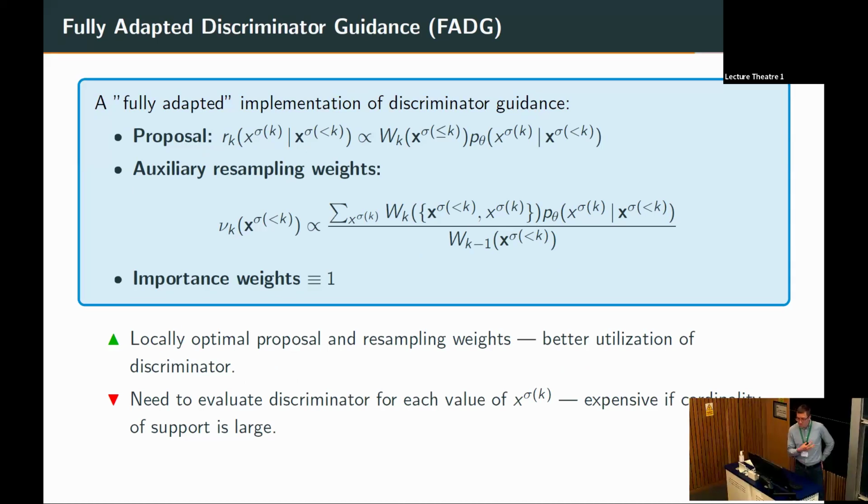We also have these auxiliary resampling weights that are the locally optimal ones, and we obtain importance weights that are equal to 1. So as I said, we get locally optimal proposals. We have a better utilization of the discriminator that we trained, but it's also more expensive since we need to evaluate and normalize this expression for all possible values of the next state.